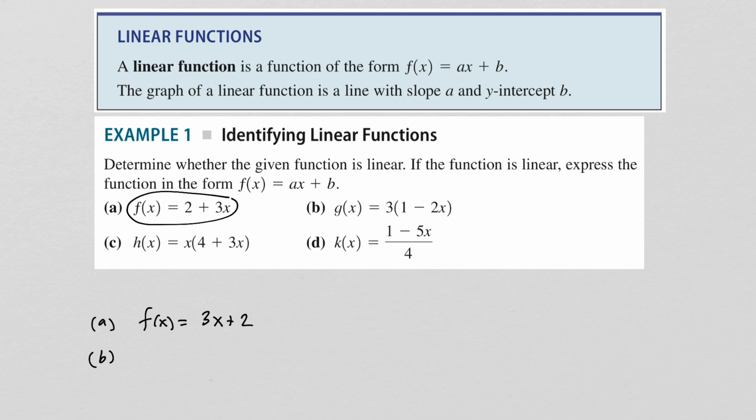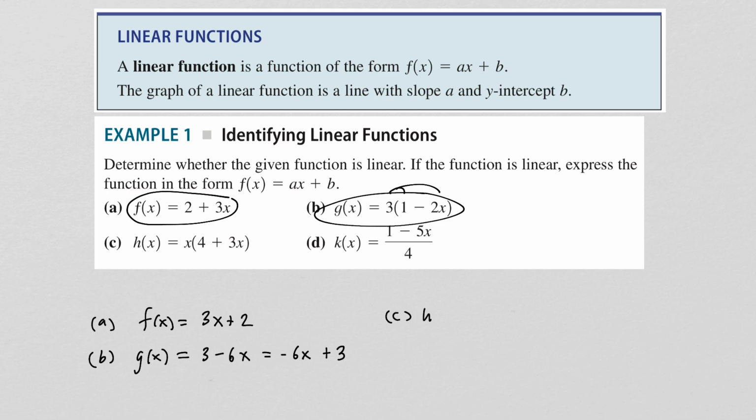In part B, is this linear? Well, g of x is equal to, if you multiply this out, we have 3 minus 6x, and we can rewrite this as negative 6x plus 3. So yes, that one is also linear.